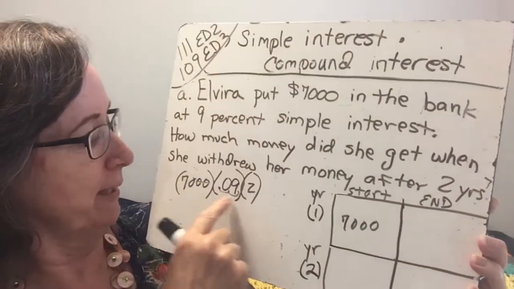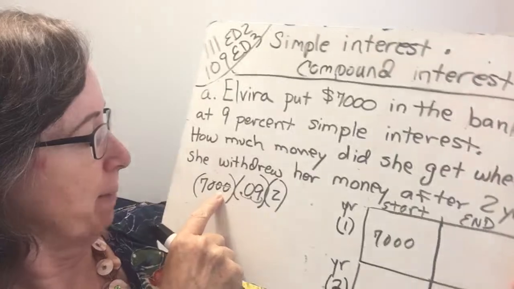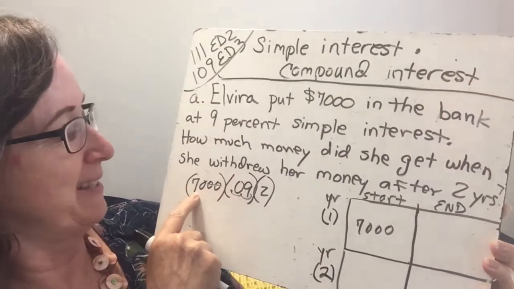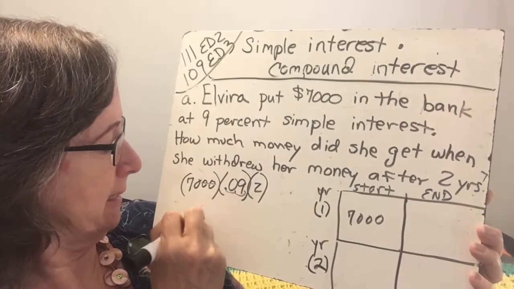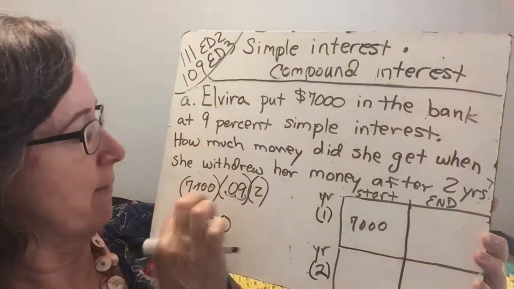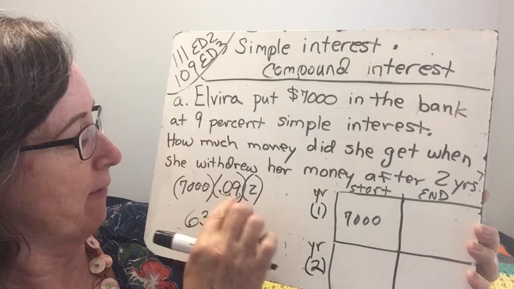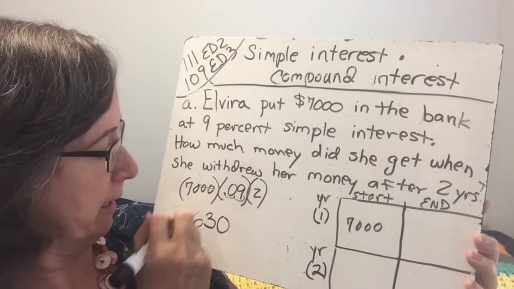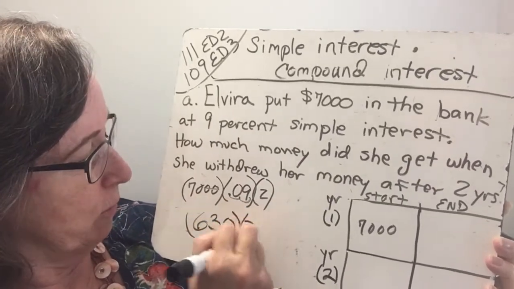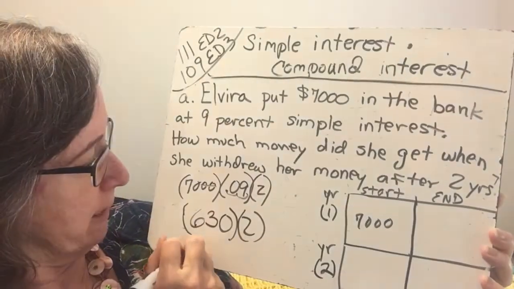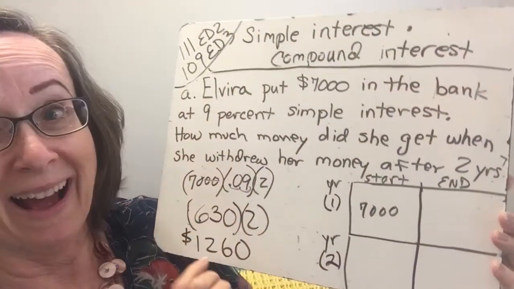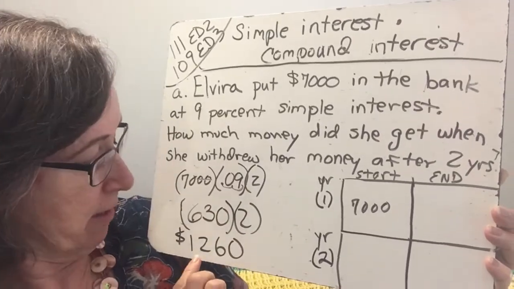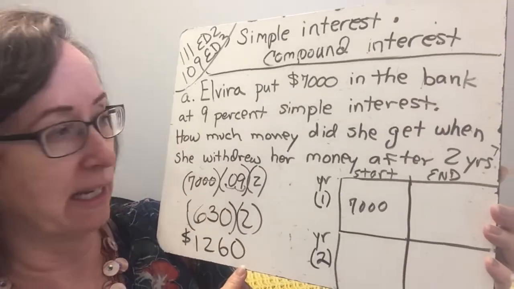So after moving the decimals and dropping off the zeros, we have 70 times 9, and that would be 630. Since 7 times 9 is 63, 70 times 9 is 630, times the 2 is going to give us 1260. So $1,260 in interest.